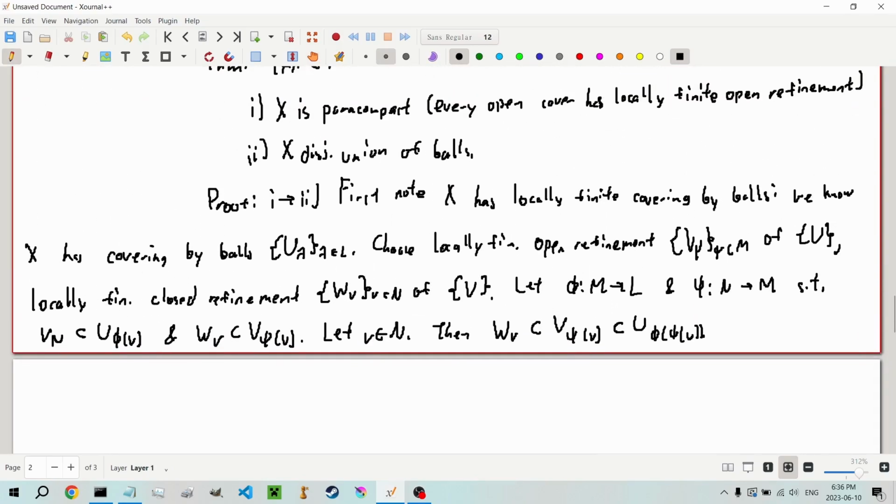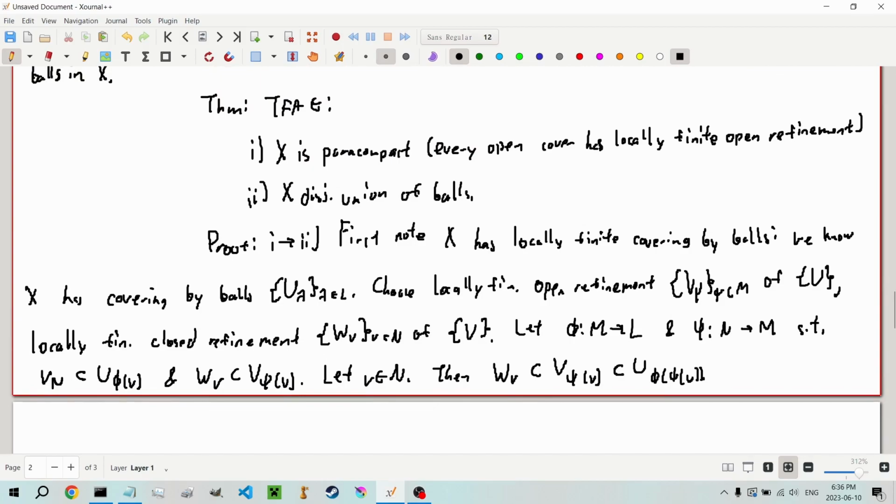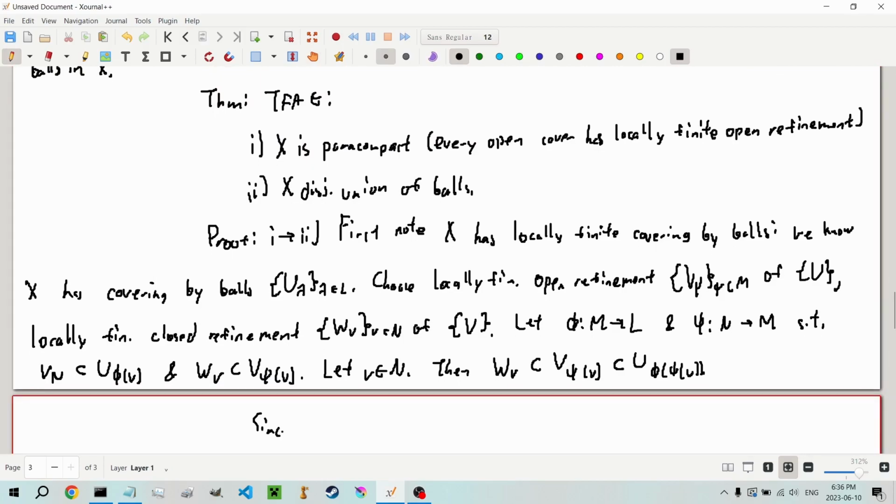Now, since W of nu is closed and U of phi of C of nu is compact, we know that W of nu must be compact.